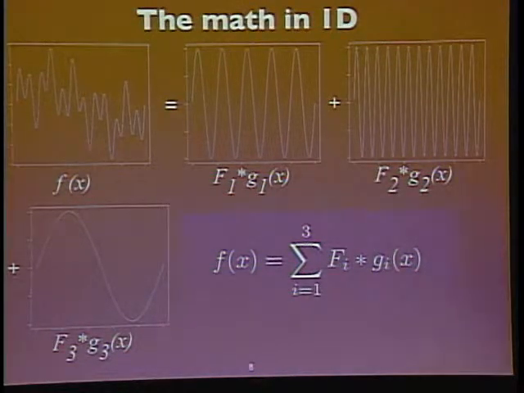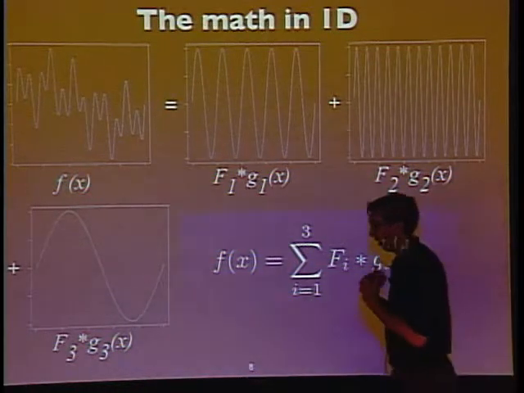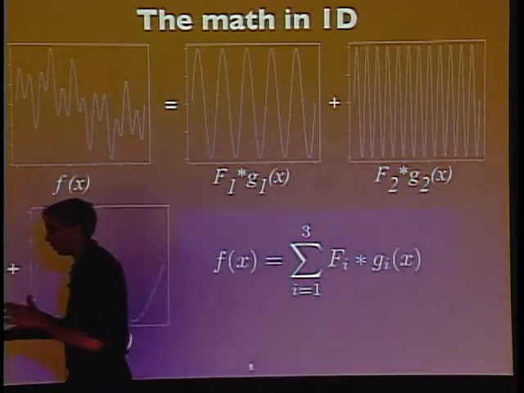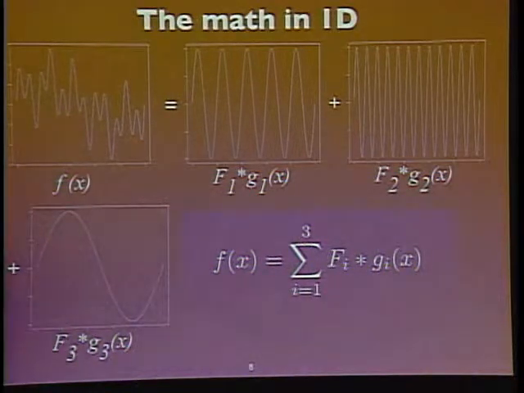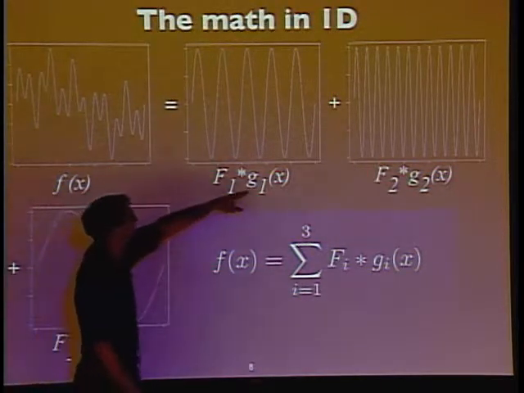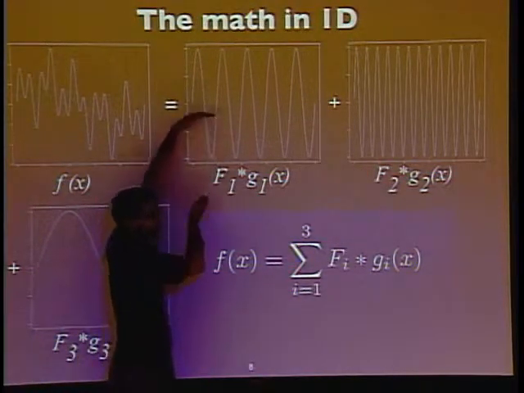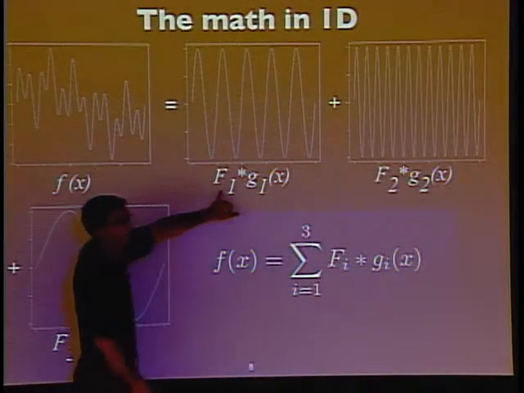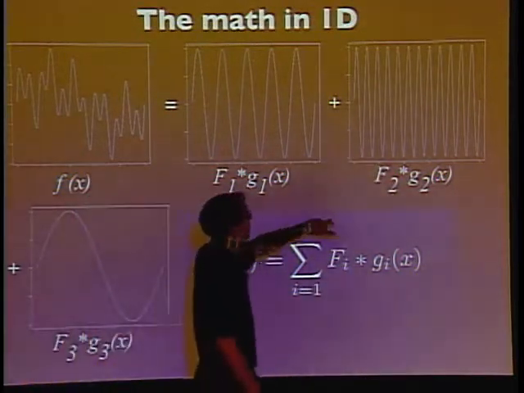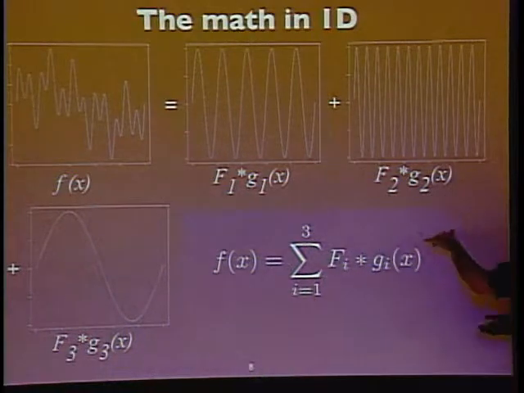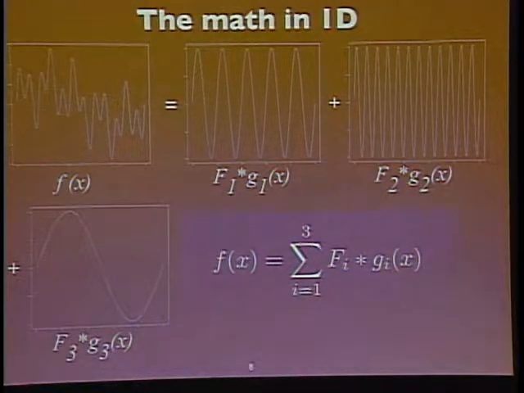And getting back to your question about magnitude, basically my G's are all going to have the same amplitude, and in order to fit the imaging data properly, I'm going to modulate that amplitude. I'm going to take my original G1 and scale it in the y direction by multiplying it by some constant f1. Similarly, I'm going to take my G2, which started out at the same exact scale as G1, and multiply it by some other constant f2.